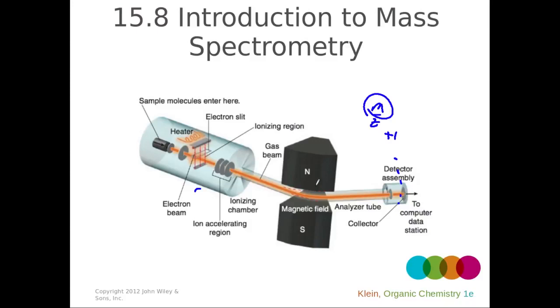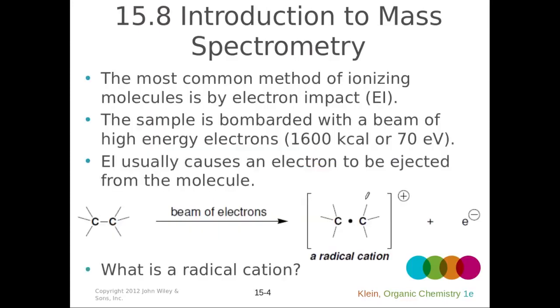So we'll see that some of the parts are actually not ionized, and those don't hit the detector. They just keep going in a straight line instead of being deflected by the magnetic field. So those parts would not actually hit the detector, but the charged species will hit the detector according to their mass to charge ratio, and then the computer analyzes that and gives us a spectrum.